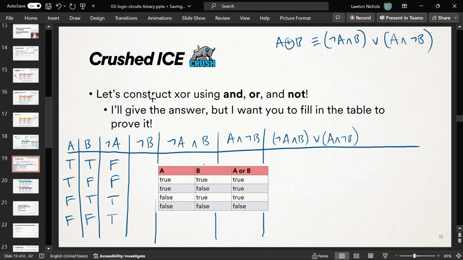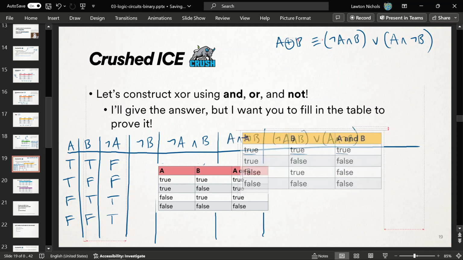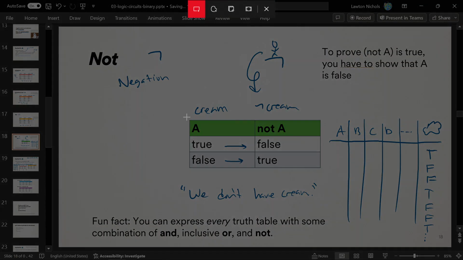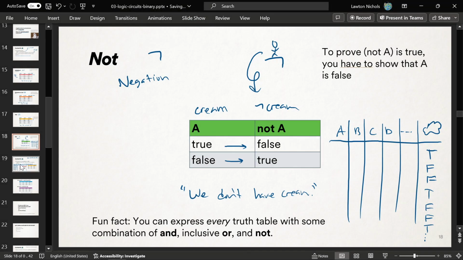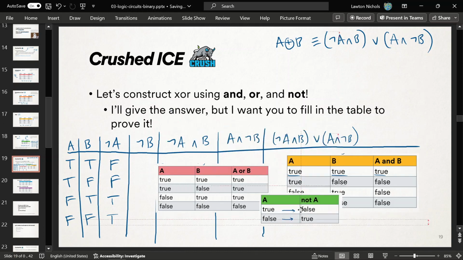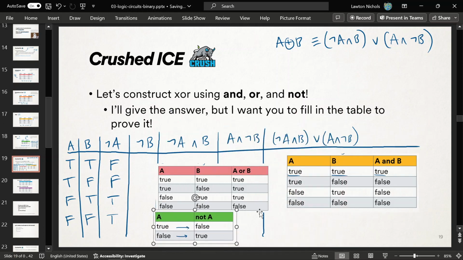Let's see if you can do as much as you can. I believe in you. And then NOT flips them. Those are all the pieces. See if you can come up with the final thing on the right, the final combination of truth values there. So give that a try. Plug them in. You know the left side is this, the right side is this, the output's that. Try to read it off the table.